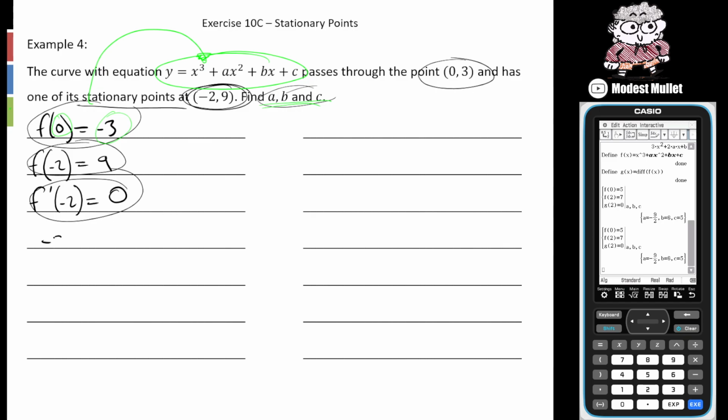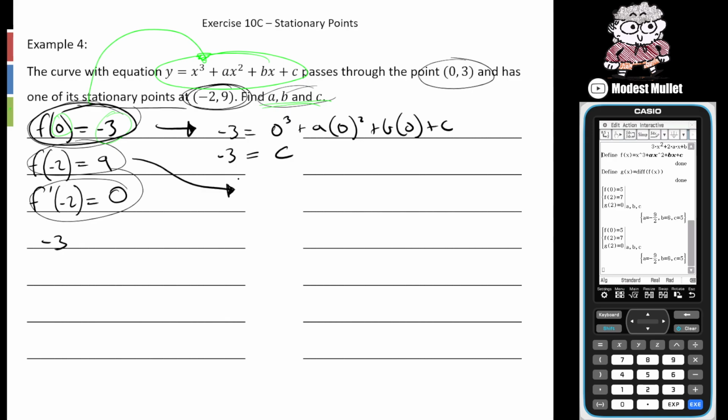Using this first point, we get -3, which is our y value, is equal to 0 cubed plus a times 0 squared plus b times 0 plus c. And that simplifies straight away down into -3 is equal to c. So that gives us our c value.